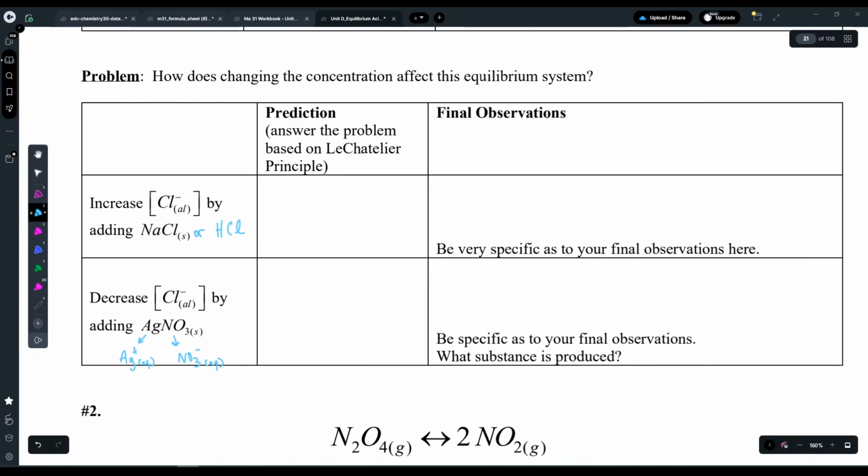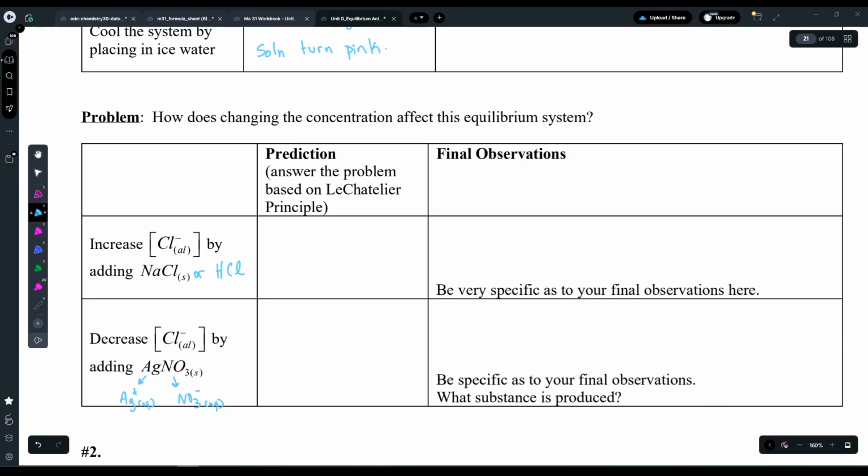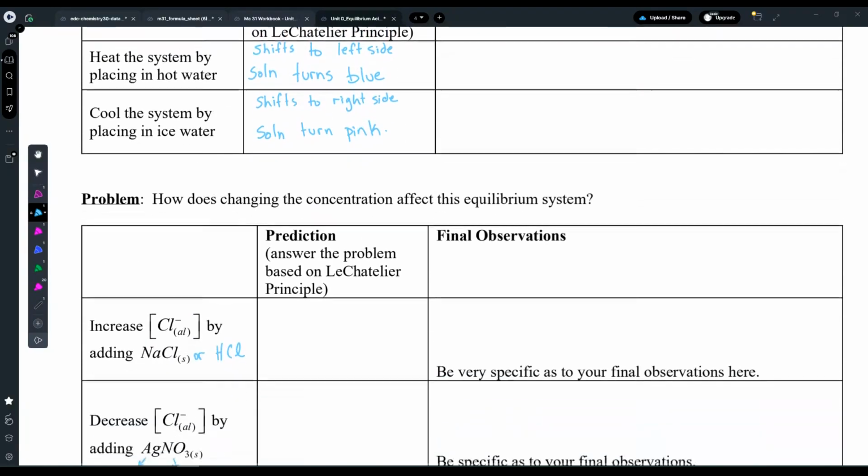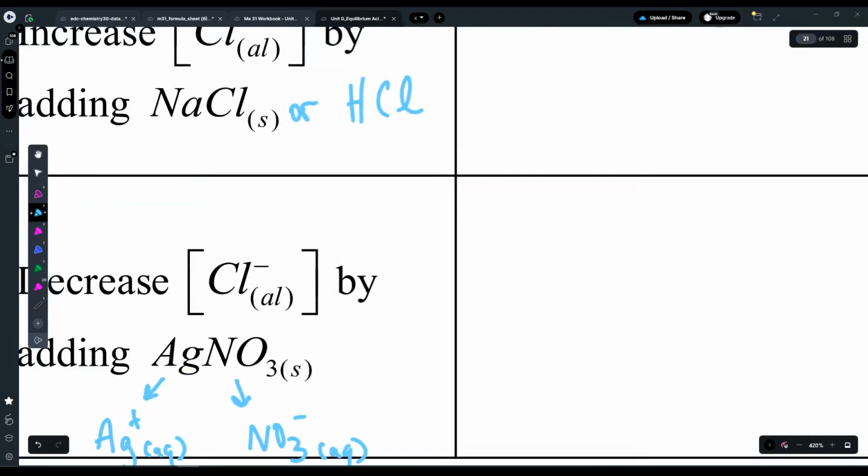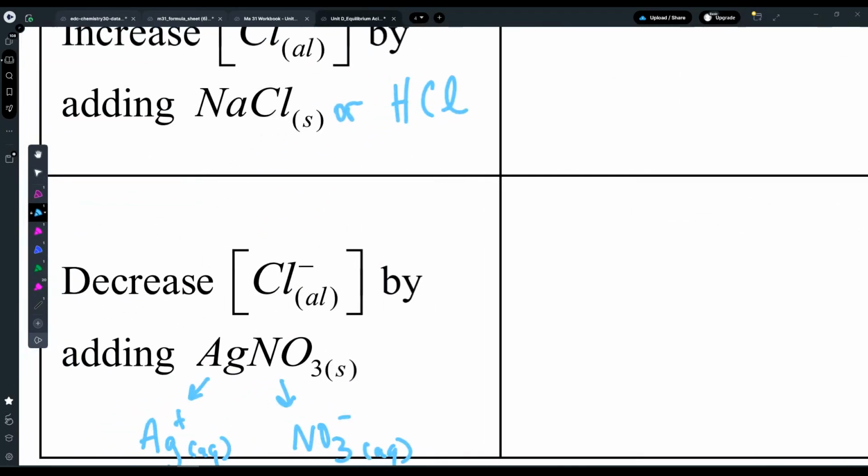Okay. However, another way that you can decrease the concentration of chloride ions, and what he does in the video, is he adds water, which dilutes the concentration of the chloride ions. But both do the same thing.